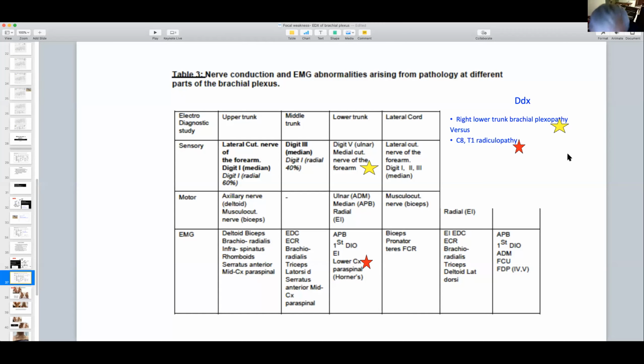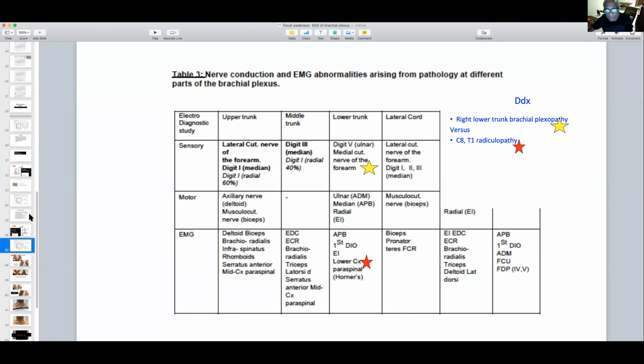So with this information, although it's not foolproof, you can still have metastatic disease on top of radiation plexitis, you could at least help the oncologist manage this patient and get them away from the distraction of the spurs that were noted on the cervical spine MRI, cervical spine X-rays.